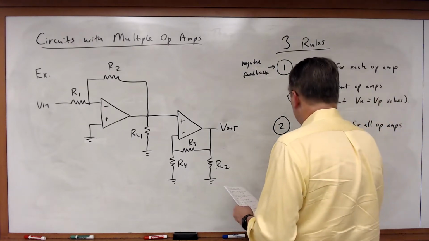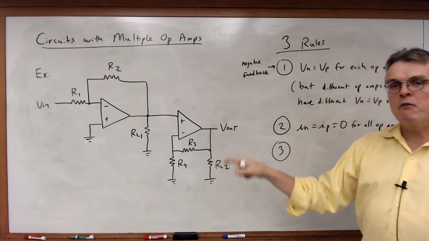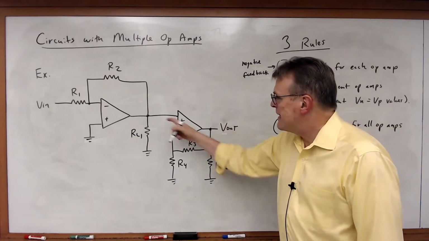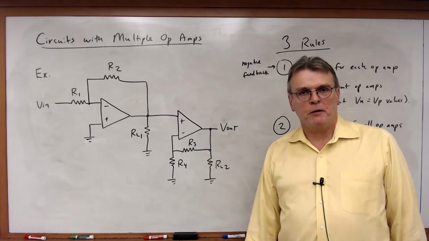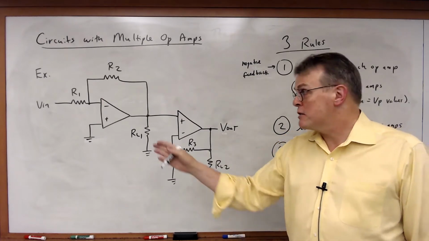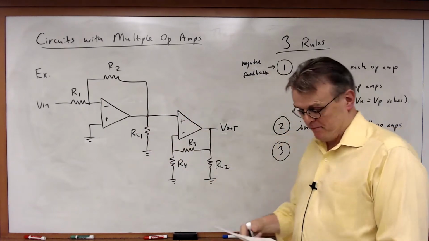And rule number 3: never write a KCL equation at any op-amp output unless you need to know the current that is flowing out of the op-amp.